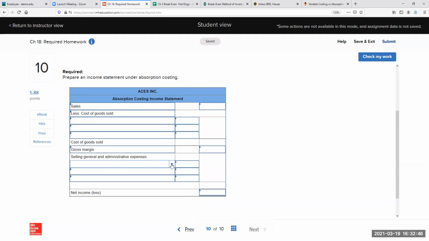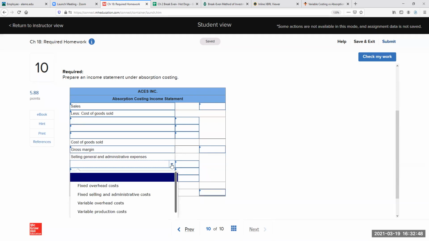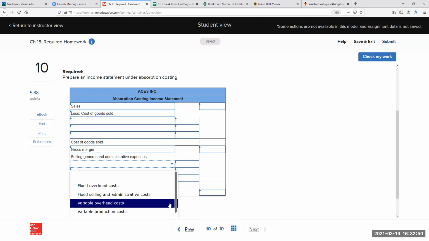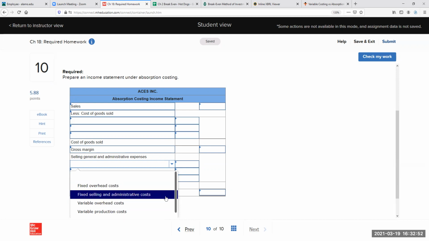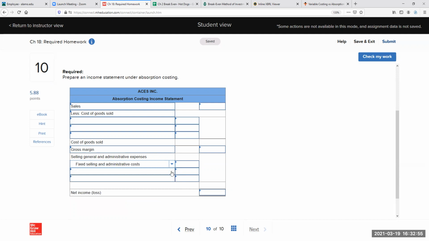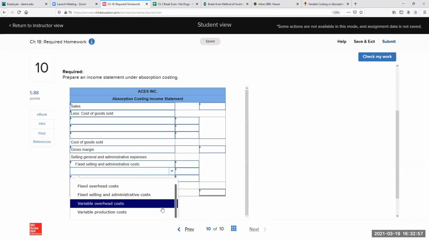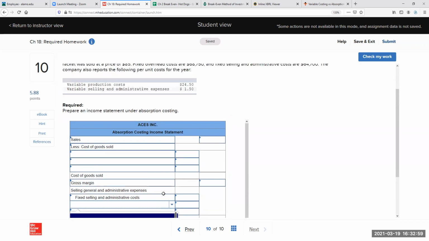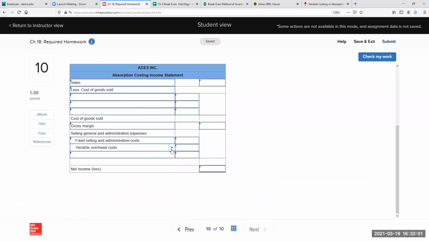And down here, our selling and admin are going to be our fixed selling, and do they have variable selling? Yeah. Here, less cost of goods sold.